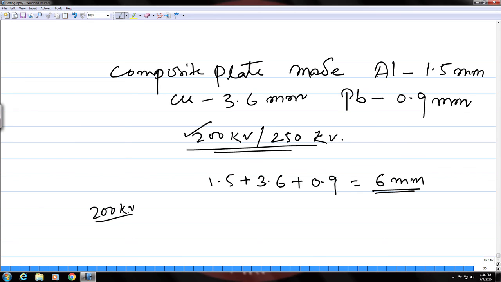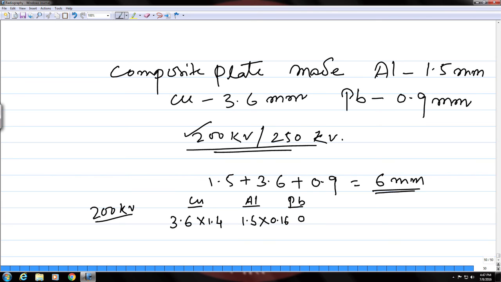So, just now we saw that at 200 kV for copper, aluminum and lead, if you convert their individual thicknesses. So, in this case we have 3.6 mm of copper, and for copper the conversion factor at 200 kV is 1.4. So, that will be the equivalent thickness for copper. For aluminum it is 1.5 mm and the conversion factor at 200 kV is 0.16.